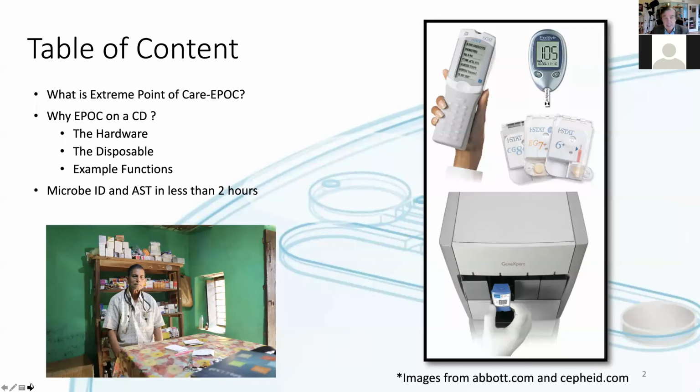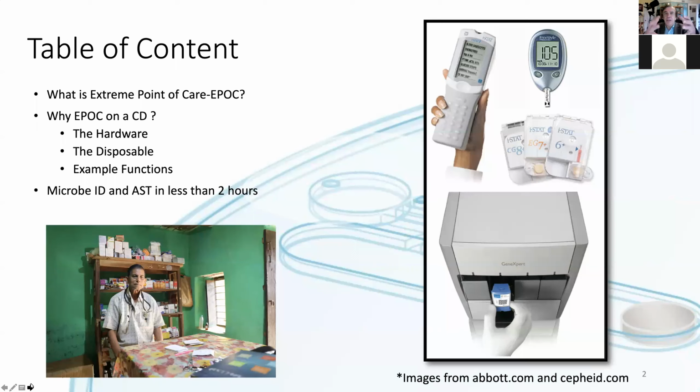So what I will cover is what is extreme point of care, so explaining a little bit of the circumstance where these things are made. Then why EPOC on a CD? So why do we think putting an extreme point of care test on a CD, both in terms of the hardware and the disposable?